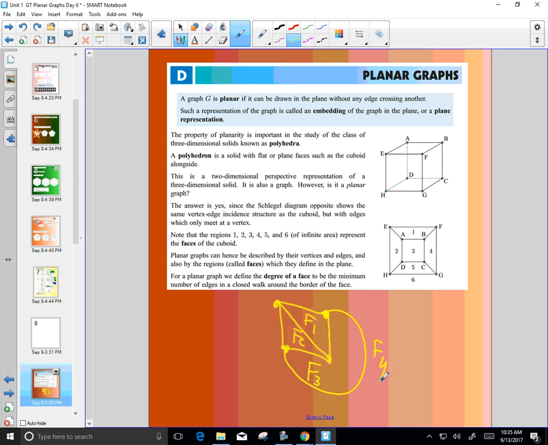Look at which side we're talking about. E, F, G, H. That's this face here, the outside. That's the outside face. Does that make sense?